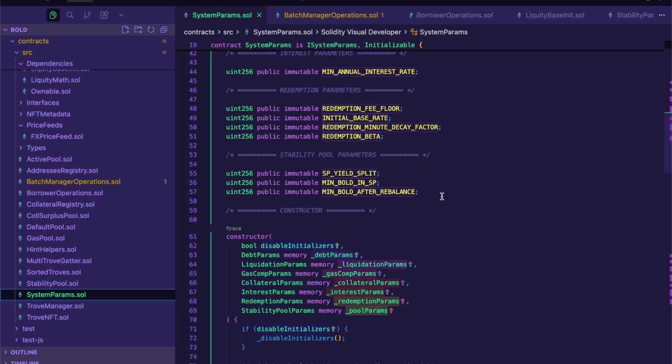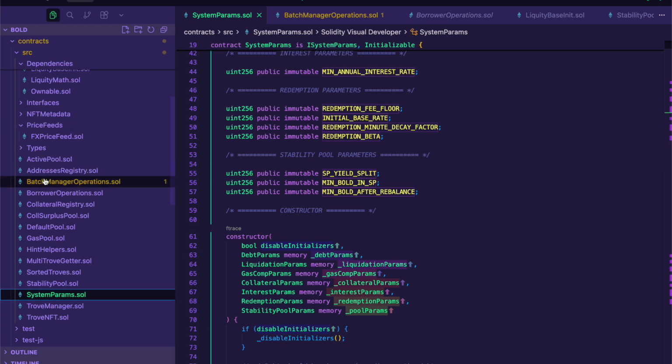So if you want to update any variables here, we need to basically update this contract, and each read call to this contract will not be reading from storage. Instead, everything is immutable, so it is baked into the bytecode of the contract. So we wanted to reduce some storage reads here.